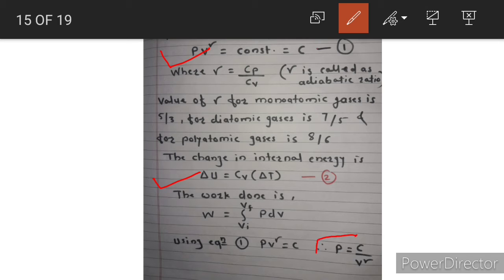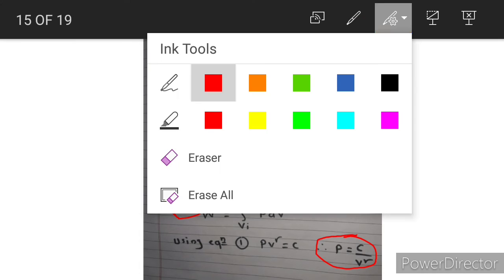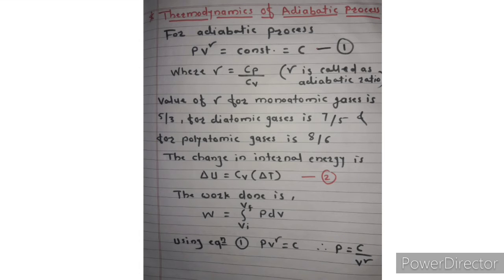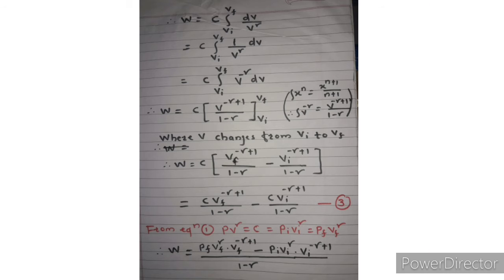Now substitute the value of P in this equation. W is equal to the integration from Vi to Vf of P dV. Therefore, W is equal to C, C being constant, keep it aside, times the integration from Vi to Vf of dV by V raised to gamma.